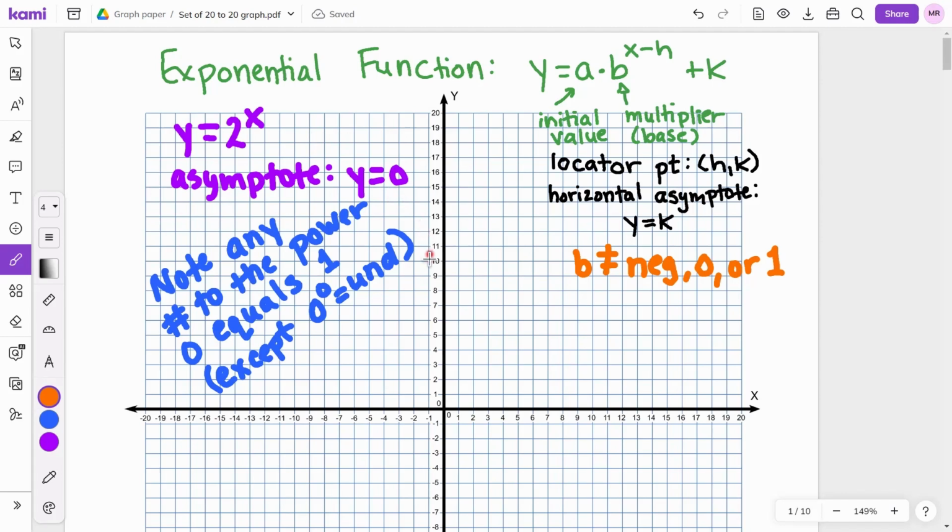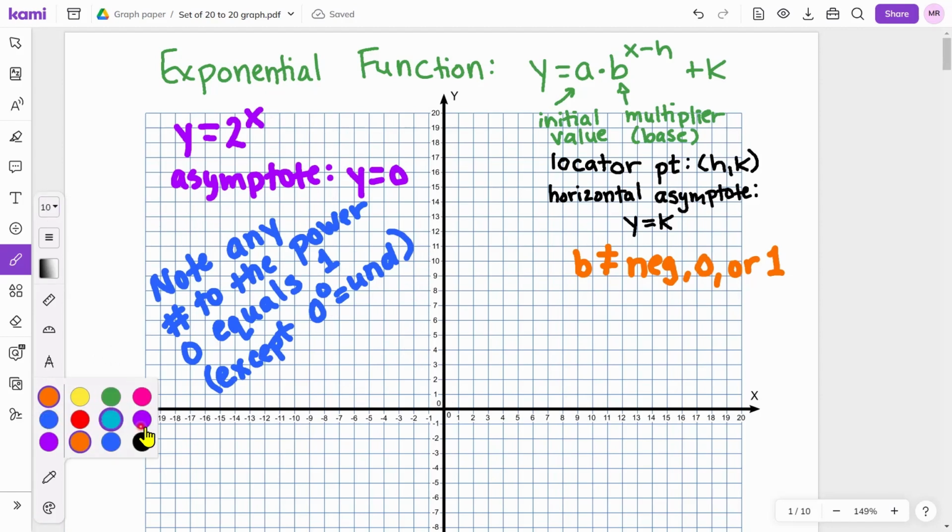So what I'm going to be doing is just plotting 2 to powers: 2 to the power 0, 2 to the power 1, 2 to the power 2, 2 to the power 3, because my x's, which are in my exponent, are the values I'm going to be putting in. So I'm going to be putting in the exponent to raise 2 to a power.